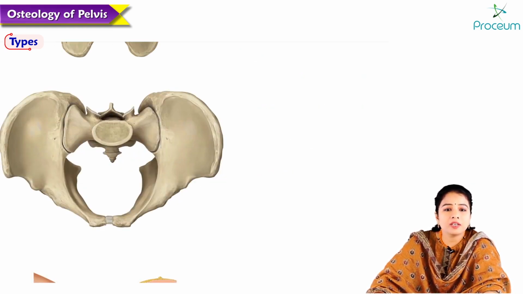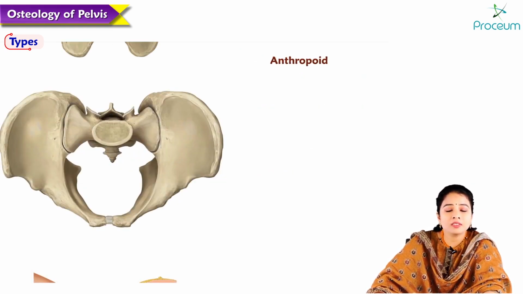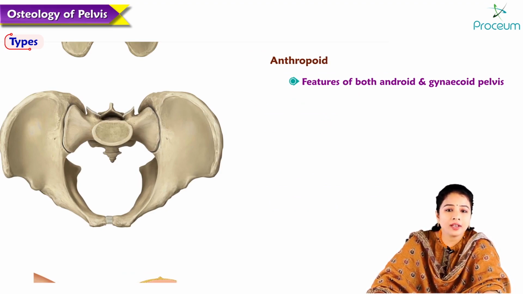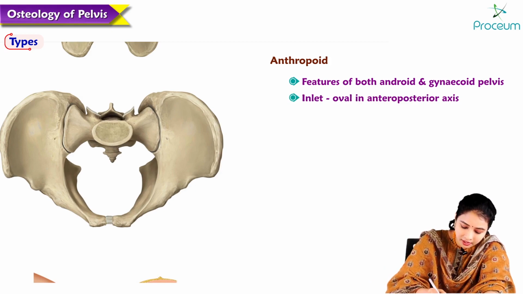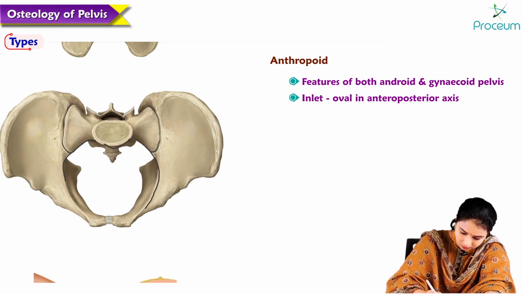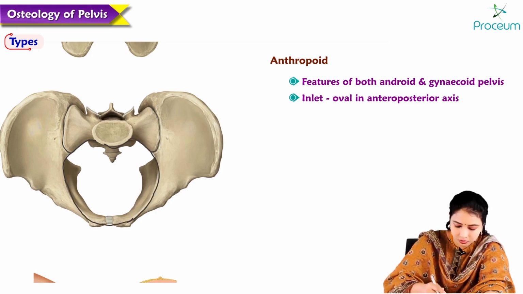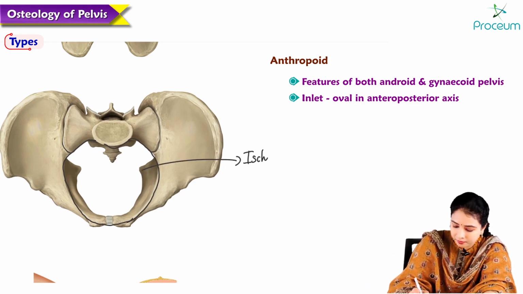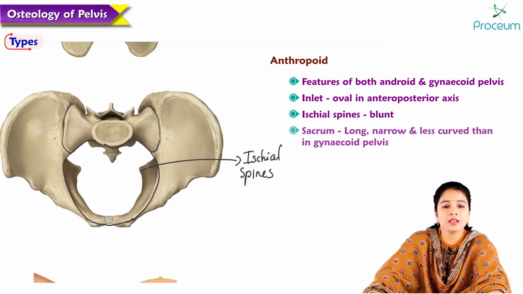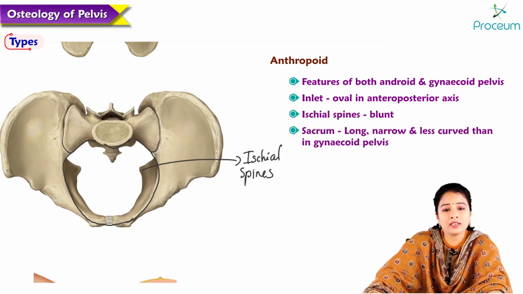The next type of pelvis is the anthropoid pelvis. It has features of both android and gynecoid pelvis. The inlet appears to be oval. So the inlet is oval, and the ischial spines are blunt, the sacrum is long, narrow and less curved than in a gynecoid pelvis.